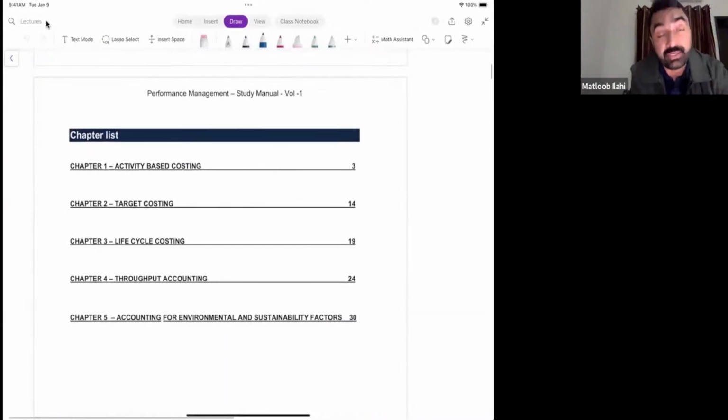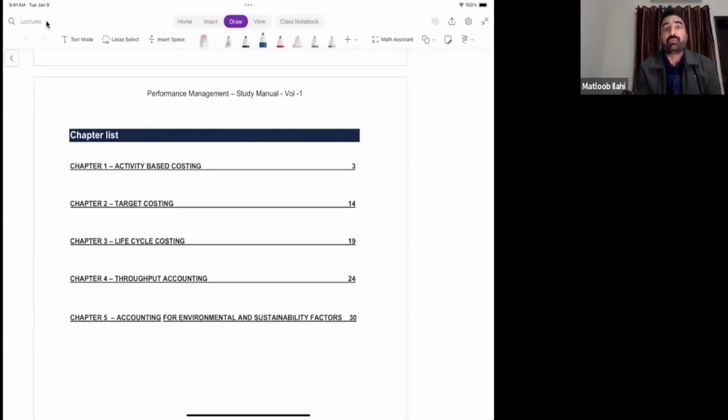After this, we will be moving on to section C, that is decision making, section D, that is budgeting and standard costing, then section E, that is performance measurement, and at the end we will be covering section A, that is information system and data.